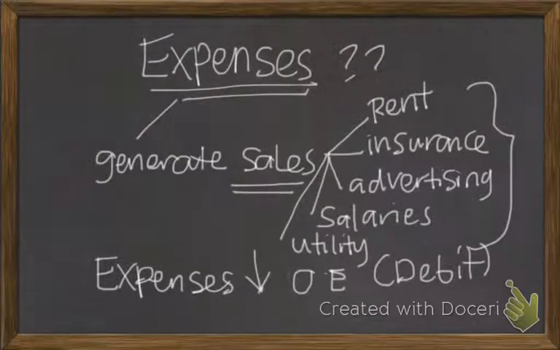Due to the large volume of expense transactions, it is practice to keep a separate account for expenses, so all the expense accounts should be recorded on the debit side in the T account.